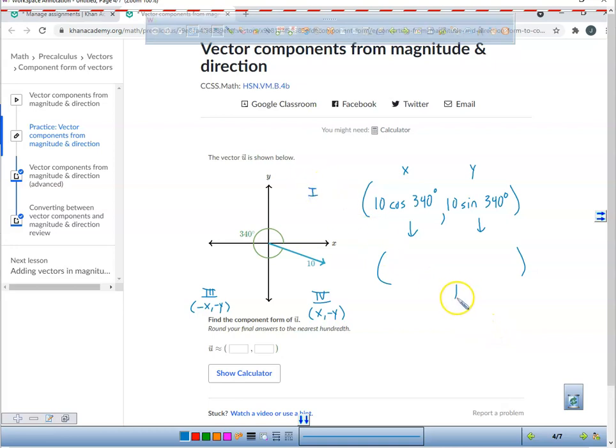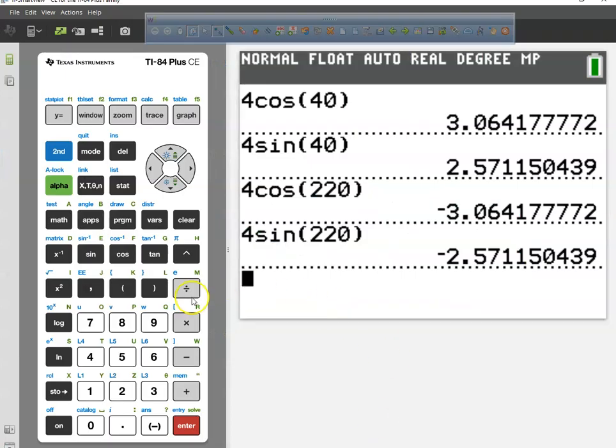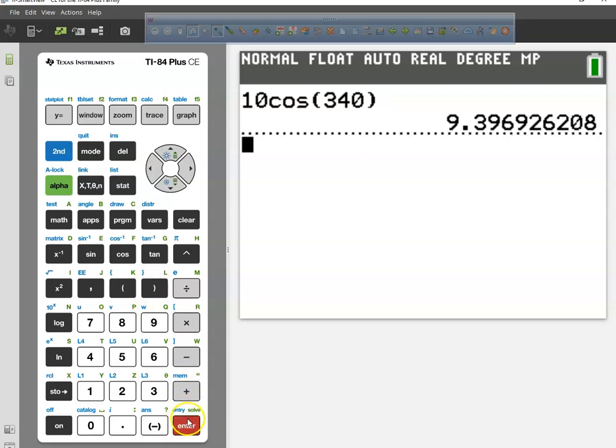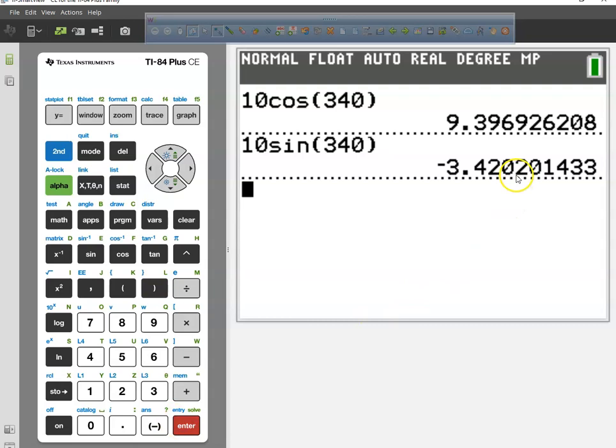All right? So, don't worry, nobody listens to these things anyway. So 10 cosine 340. Boom. Positive. 10 sine 340. Negative.